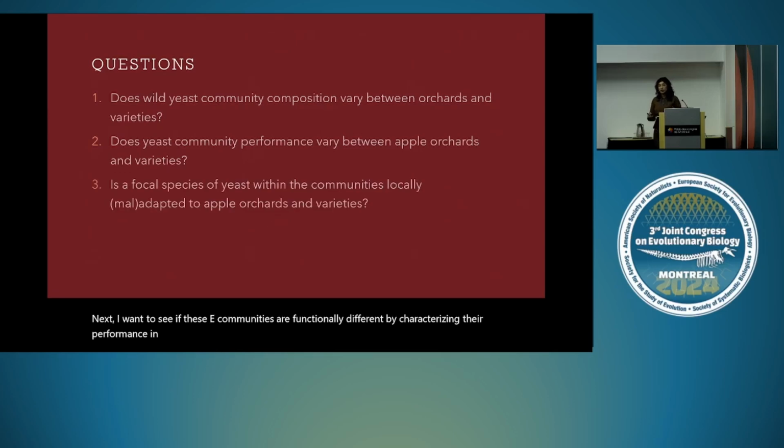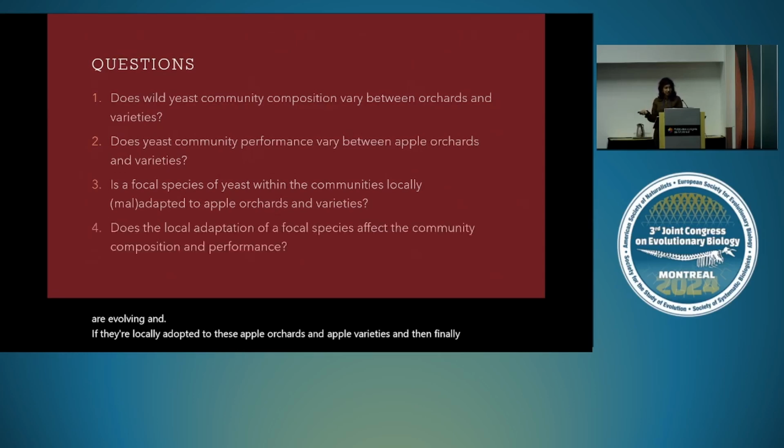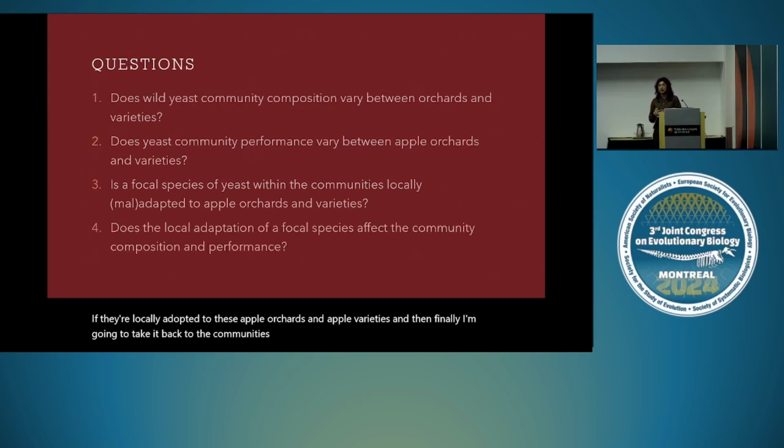And then I'm going to zoom in on a focal species to see if these yeast are evolving and if they're locally adapted to these apple orchards and apple varieties. And then finally, I'm going to take it back to the communities and determine whether the evolution of this focal species is affecting community composition and community performance.